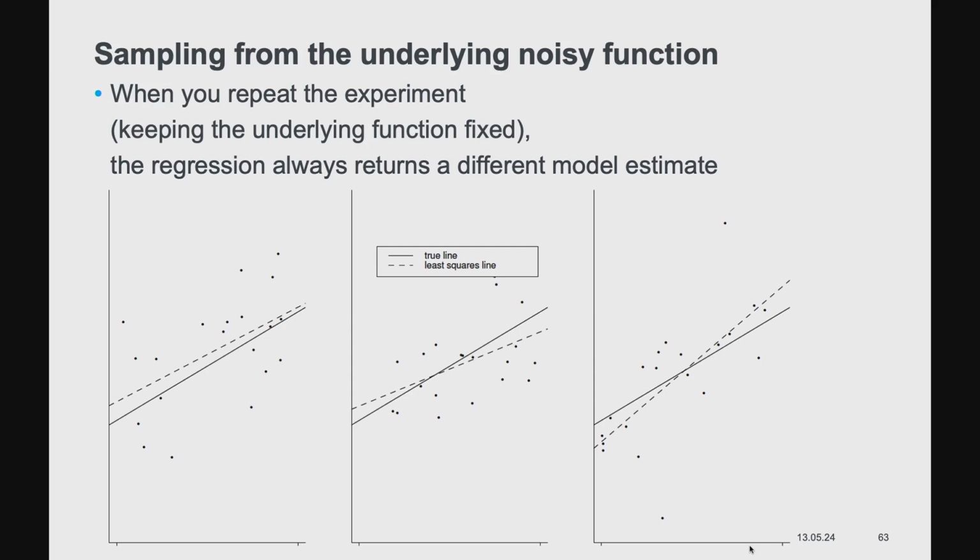Here, we all in this room are a sample of people. We can go to the neighboring room, where maybe there's another lecture, and there would be a different sample of people. And both times when we try to learn anything like shoe size versus age or whatever, we would get a different sample and we would learn a different function, even if there is something like a true connection of these attributes.